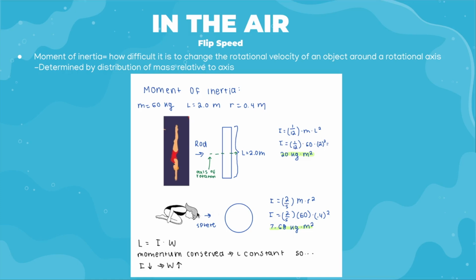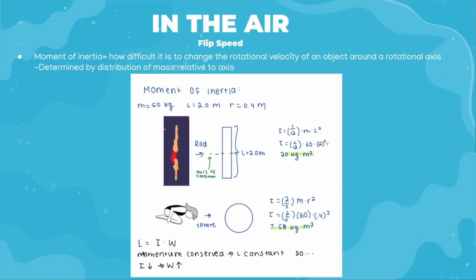But when the diver is tucked and squeezing, we treat it as a sphere, and we can calculate the moment of inertia as 2/5 mass times r squared, which gives us 7.68 kilograms times meter squared, which just shows how much the diver is able to decrease their moment of inertia by just changing their body position.